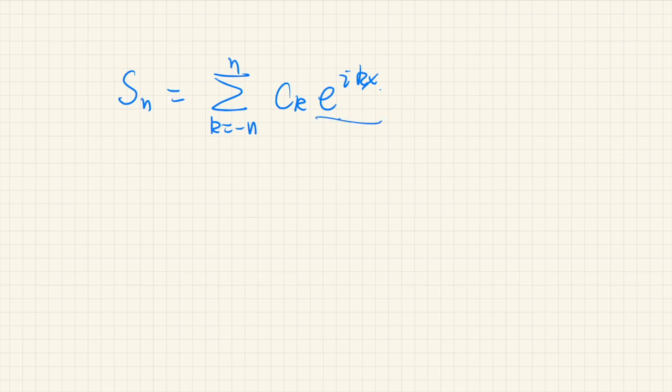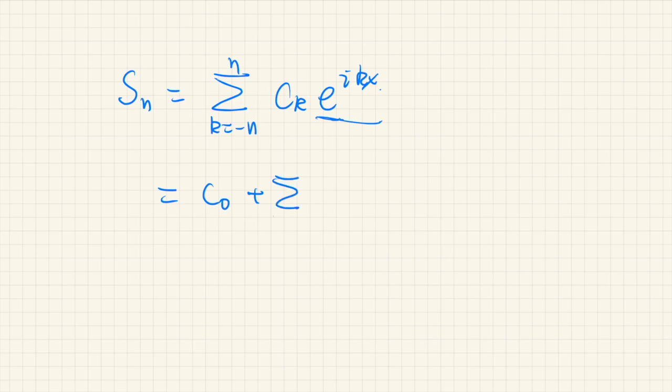Okay, next let's consider this partial complex Fourier series, k varying from negative n to positive n, ck exponential of ikx. And use Euler's formula to expand this exponential function into cosine and sine. And then we have this c0. So when k is equal to 0, we have just c0 because this is 1.